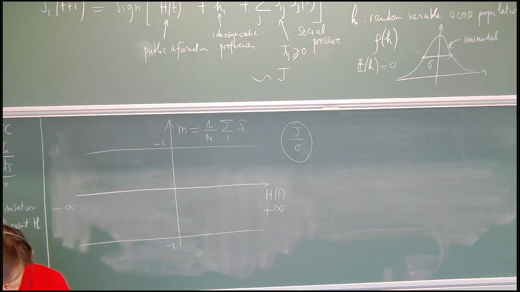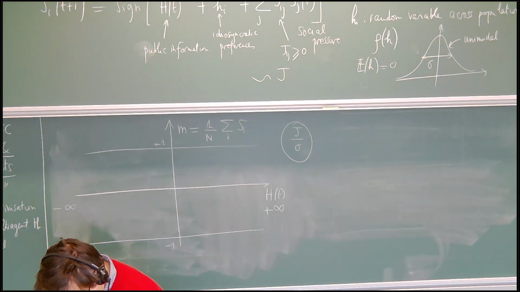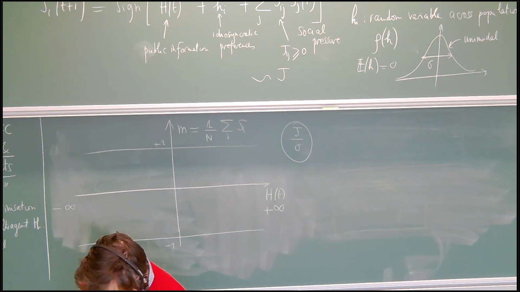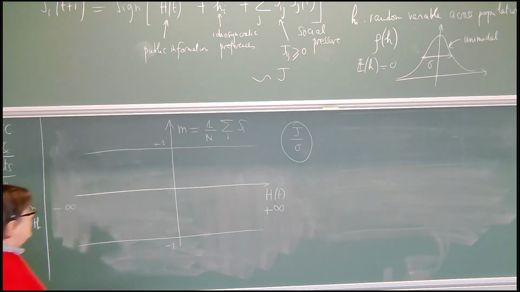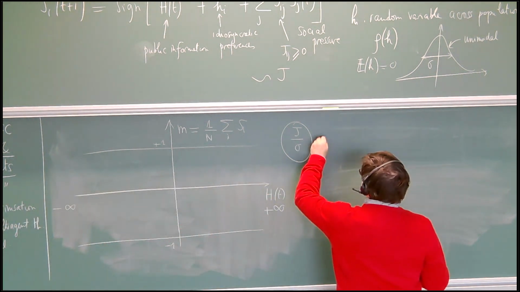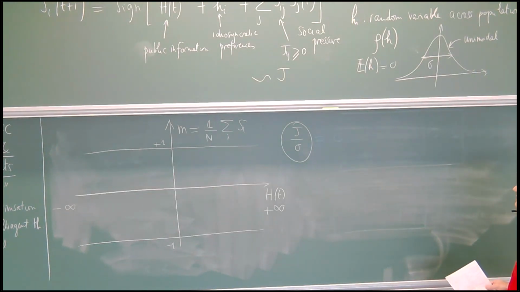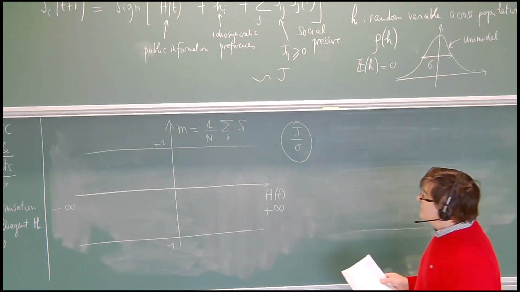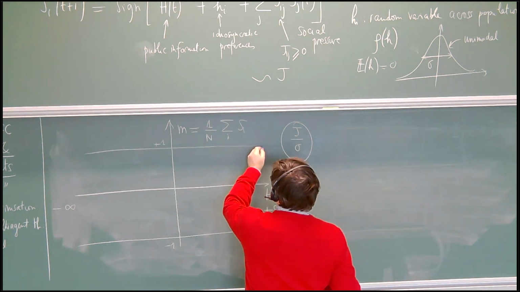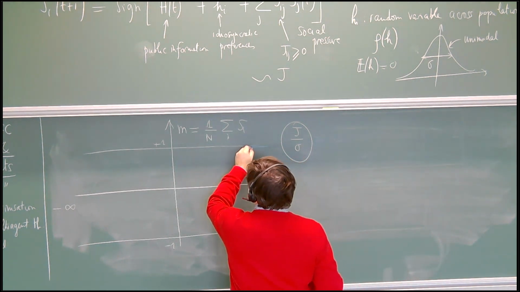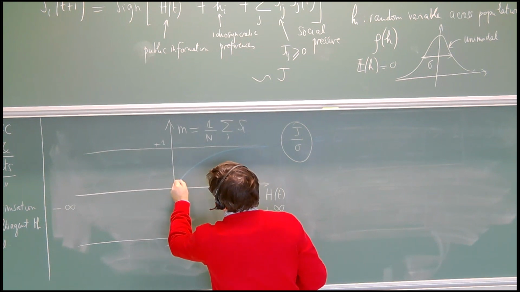But tell me if really you don't see the red. So the first case, what I'm going to draw in blue is J over sigma equals 0. And in this case, what you're going to see is a perfectly continuous curve. So I'm drawing it like this.